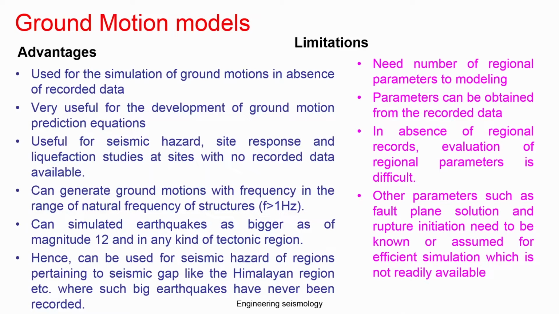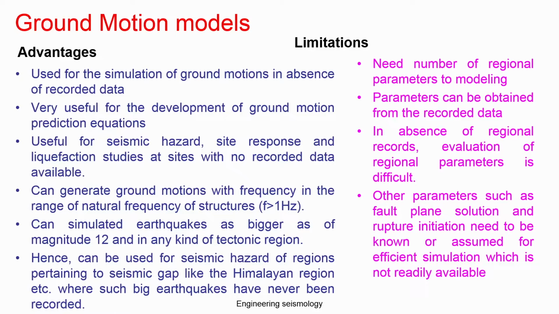They are useful for seismic hazard, site response, and liquefaction studies at sites with no recorded data available, and can generate ground motion with frequencies in the range of natural frequencies of structures. Since it is simulation, you can generate only the frequencies where your structure is important, for example, more than 1 Hz.